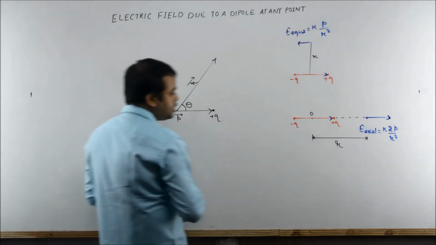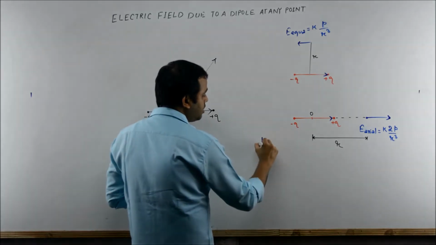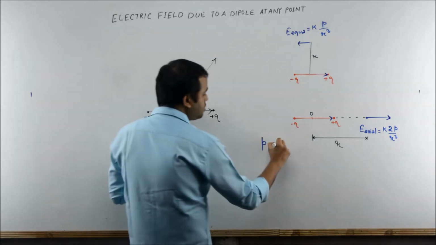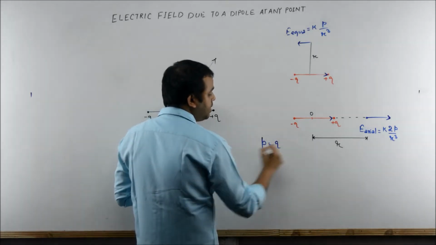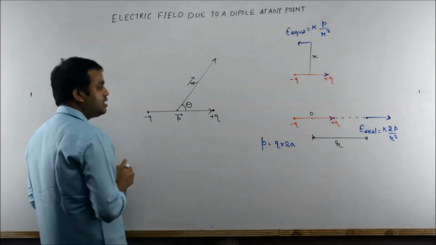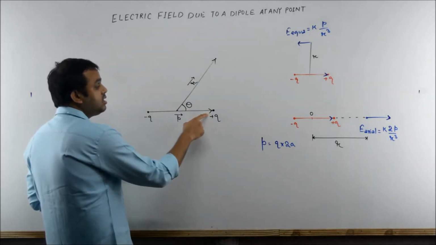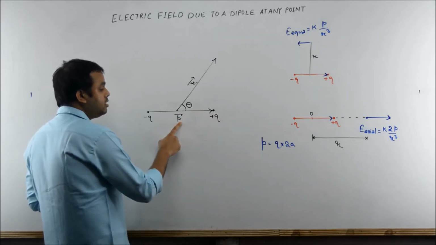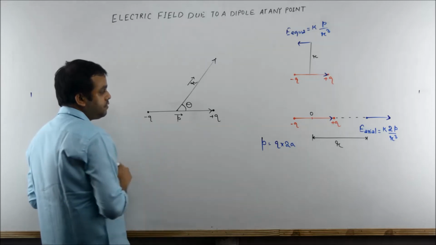So what is the magnitude of the dipole moment? It will be equal to either of the charges multiplied by the distance between the two charges. Clear students? And this arrow shows the direction of the dipole moment, which is from negative to positive.